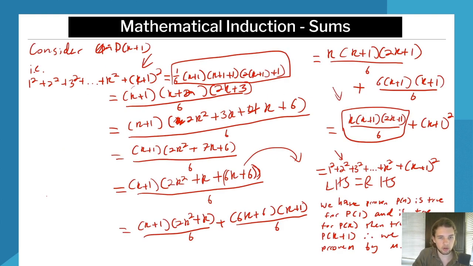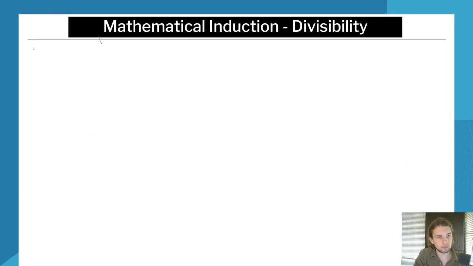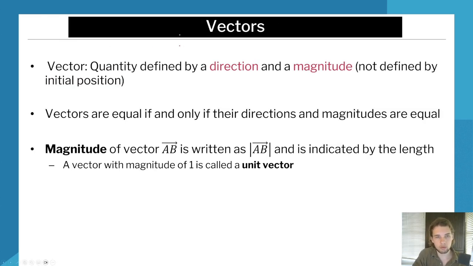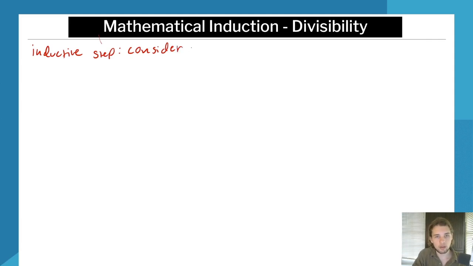Now we may as well do this on another slide. Inductive step. For that, we are again going to consider Pk plus 1. So that is 7 to the power of 2 times k plus 1, plus 16 times k plus 1, minus 1.